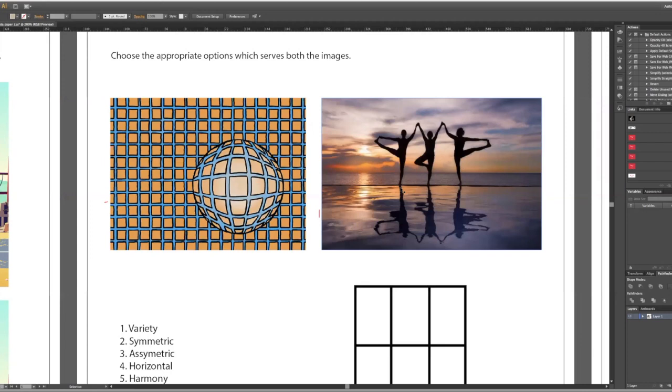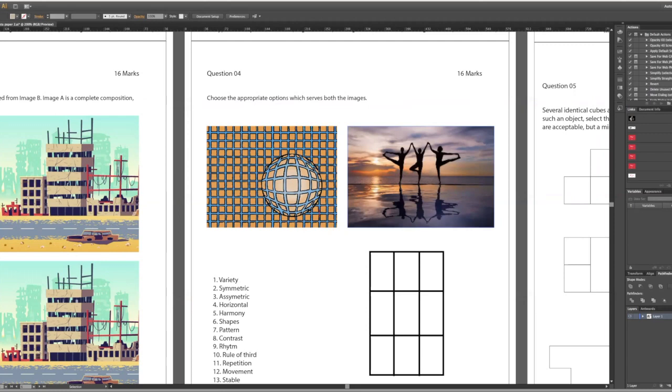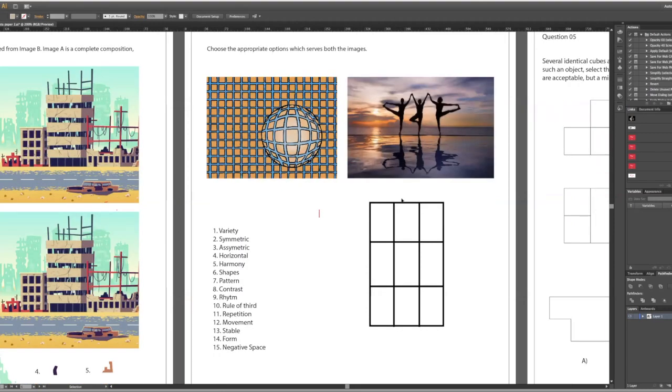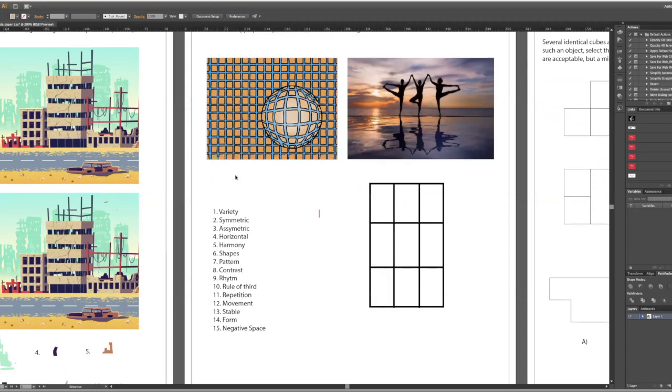If both the pictures are in harmony, then there is definitely a negative and positive space. Your answer may be wrong in the application, but negative space will be there. Is it clear to everyone? Yes, sir, clear.